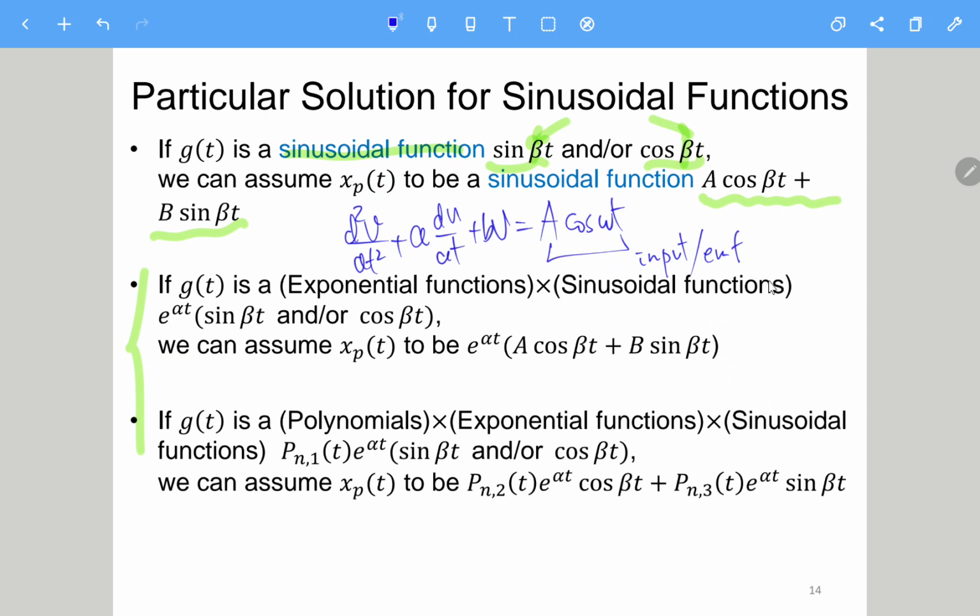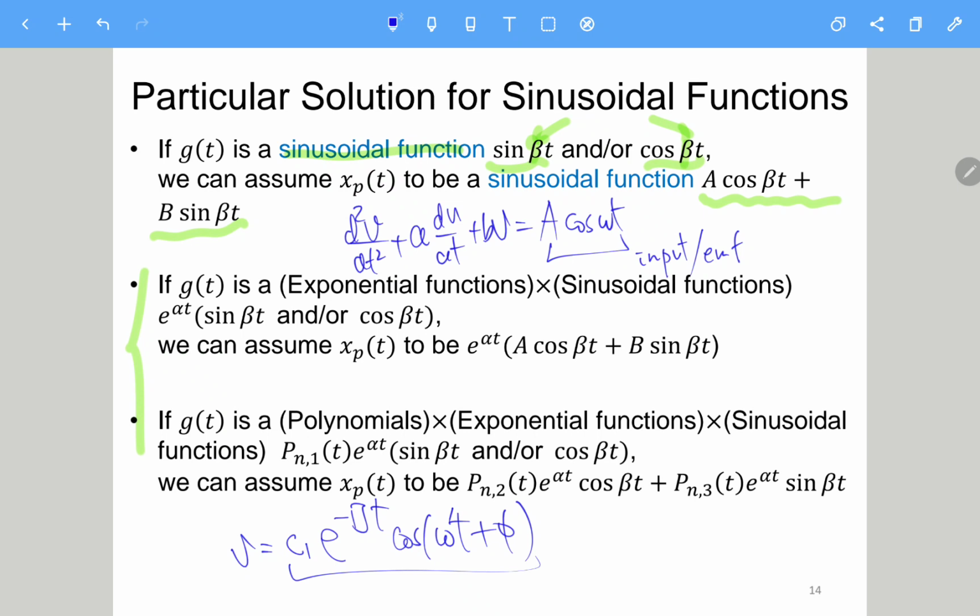And then you will have the complete solution be like V equals C1 times exponential of negative something t, times cosine of omega prime t plus phi.